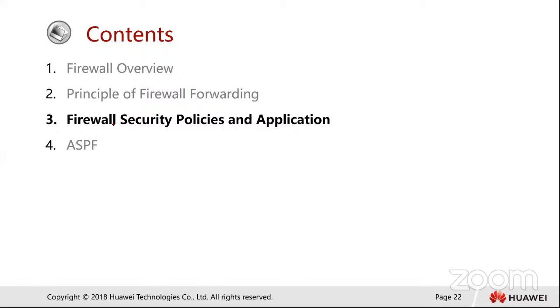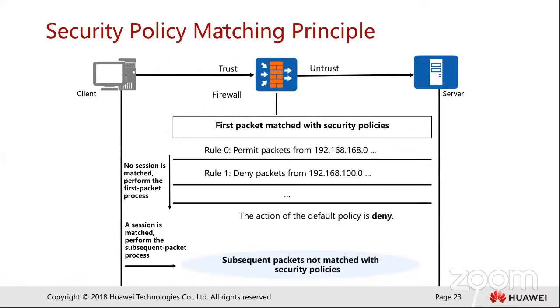For firewall security policies and applications, we have already looked at the matching principle. When the first packet comes through, in the first packet process, the firewall matches the packet with the security policies. In the subsequent packet process, the firewall does not match the packet with security policies. So the first packet is matched with security policies, which say permit this, deny this, and so on.